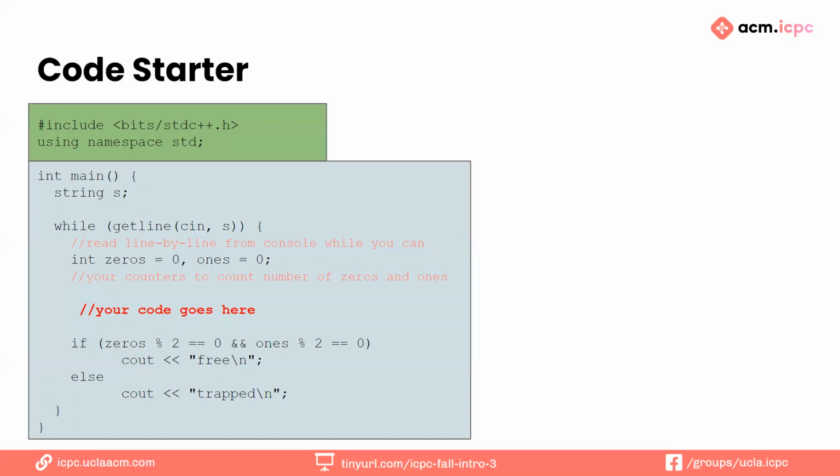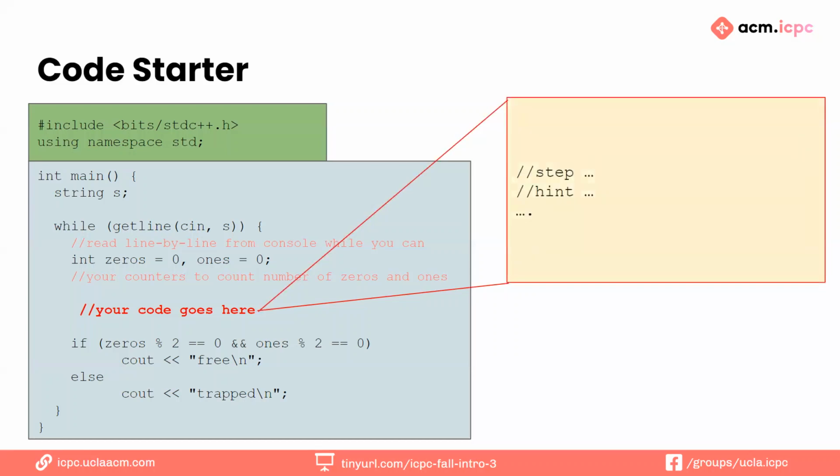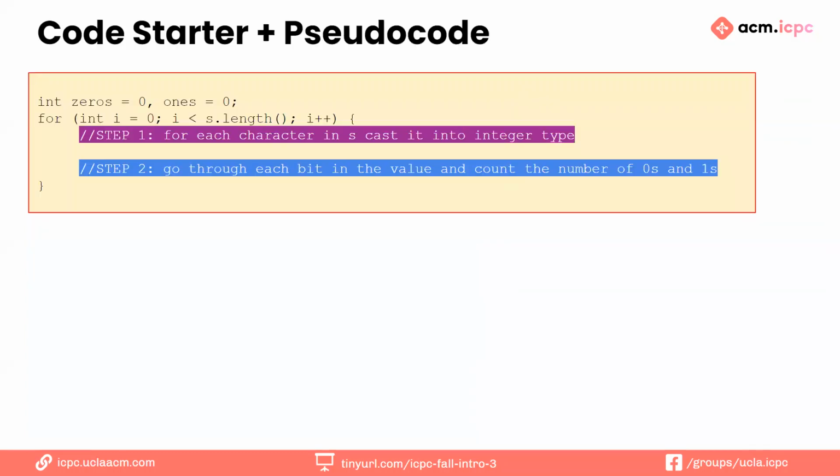So what about the code that goes inside there? This is some code that I'll give you pseudocode for, some steps and hints, and I'll ask you to implement it yourself. So looking at that code, again, we have our counters up there, and we want to go through each character of string s. For that, we will use a for loop and go through characters of string s one by one.